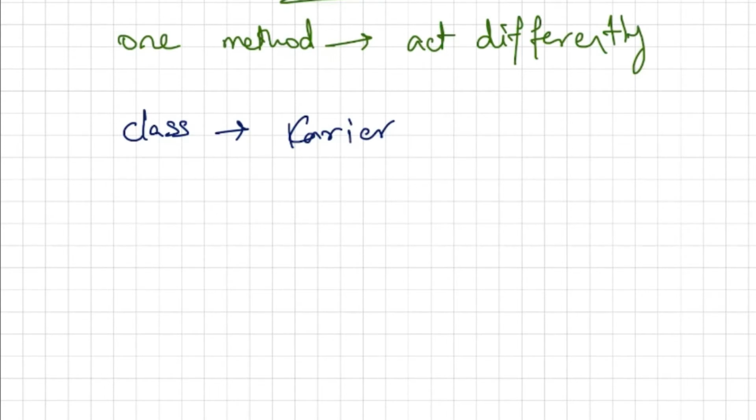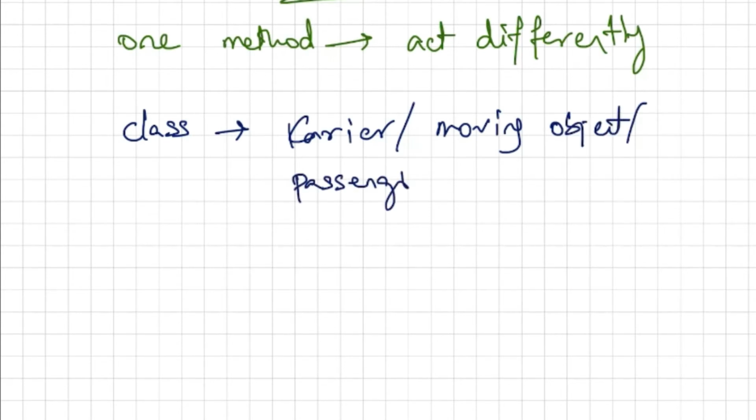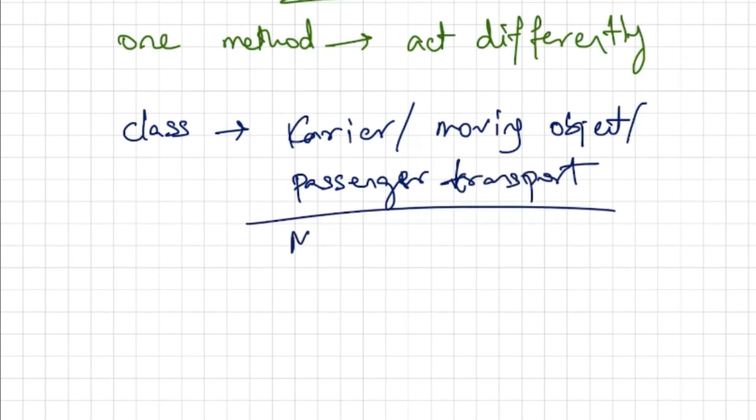Or maybe better, moving object, or passenger transport, or you can call that means of transport, anything. So you get the idea. We're just going to talk about a class called carrier.